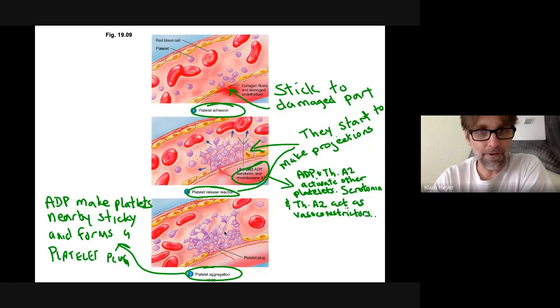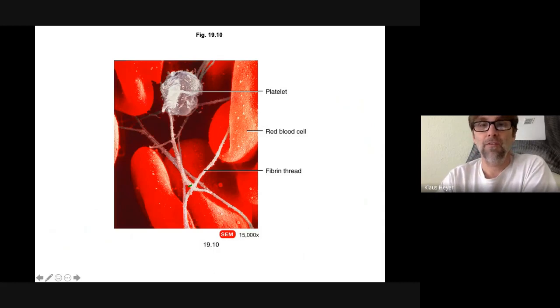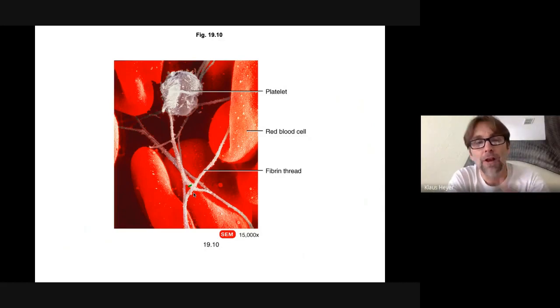different topic. All right, so there's a platelet. Look, that's a clot. That's a thread. That's not a clot. It's the thread that's going to make a clot. So we call these threads fibrin. So one of your plasma proteins, if you remember, fibrinogen, that's a thread.